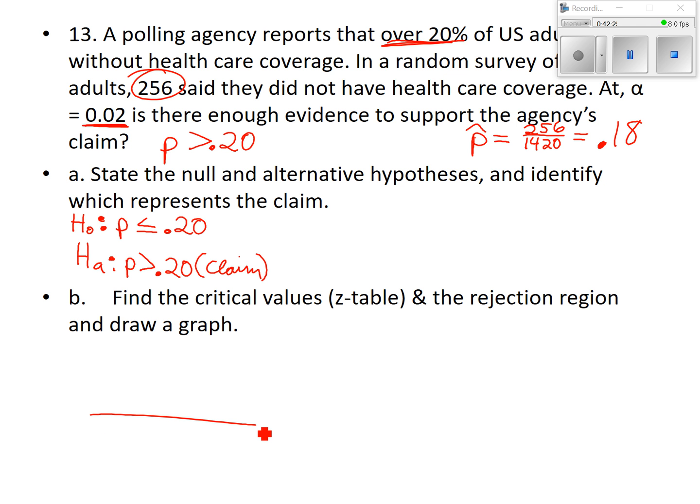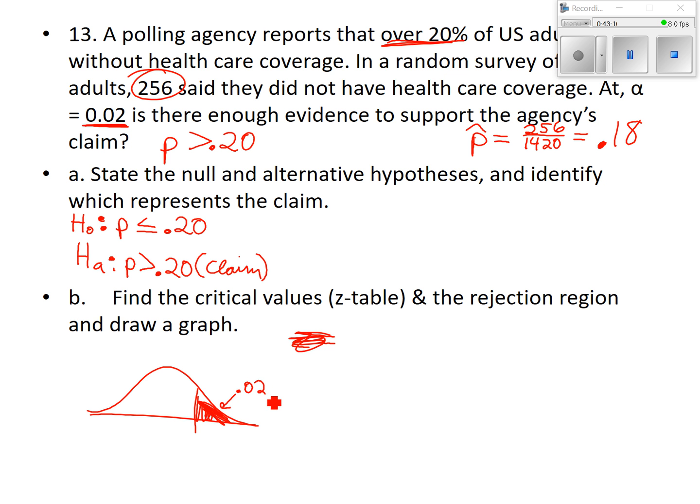Find the critical values this time. Are we left-tailed, right-tailed, or two-tailed? Right-tailed. We don't use our formula here, we look at the table, letter C. This time you gotta be careful because it's not on our little table, it's not 1%, 5%, or 10%. We want this area to be 0.02.